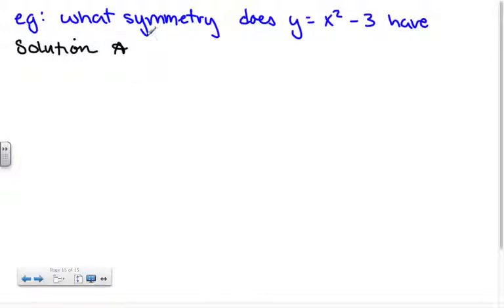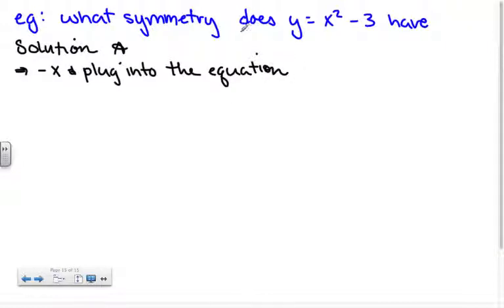Now, solution A is easier because to do solution A, what I want to do is take negative x and plug it into the equation.